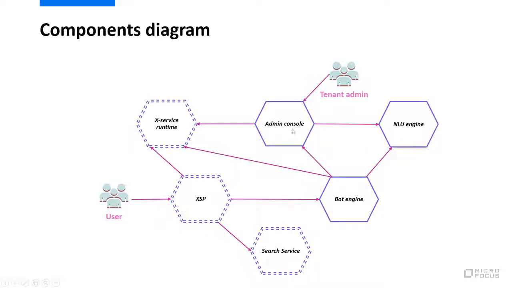So we have the main console, where the tenant admin configures the intent, user option, and other basic configurations for virtual agent. And we also have an NLU engine. Basically, this is a pod where we wrap up the Rasa open source library named Rasa NLU.